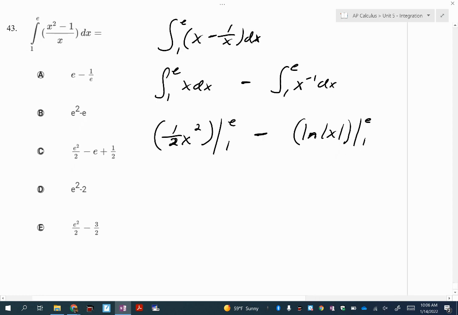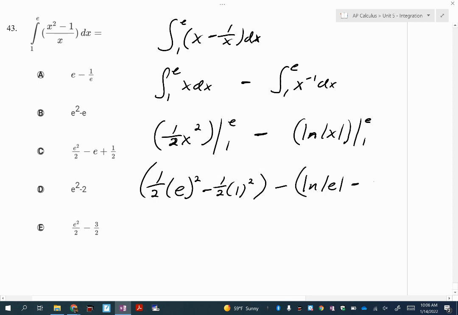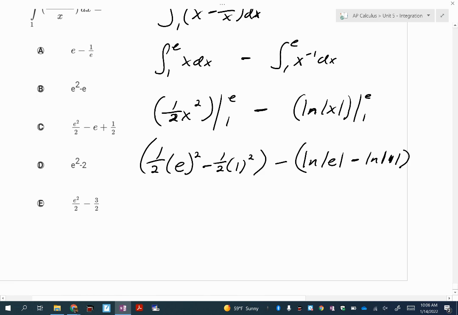All right, so here we go. 1/2 times e squared minus 1/2 times 1 squared. All of that minus the natural log of the absolute value of e minus the natural log of the absolute value of 1.